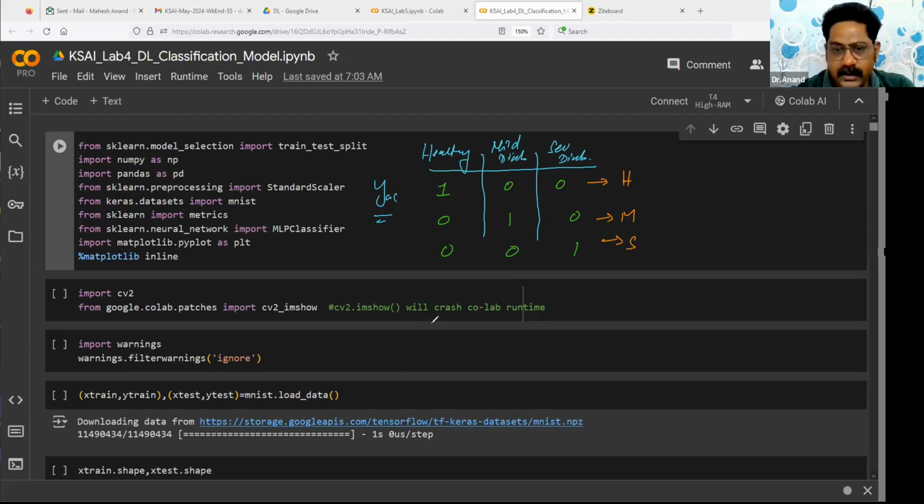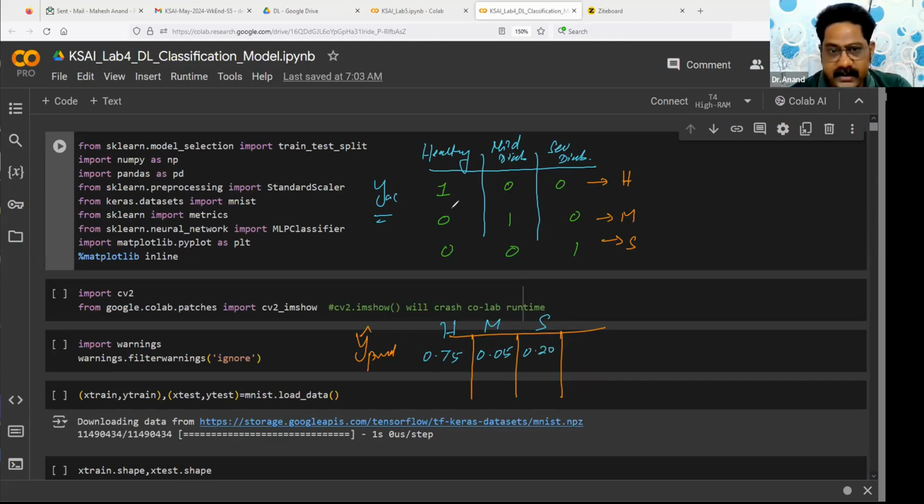Now this is the actual label, but the model has produced different probabilities, right? Let us say this is Y predict probability. The Y predict probability goes like this, for healthy, mild, and severe: 0.75, 0.05, 0.20.